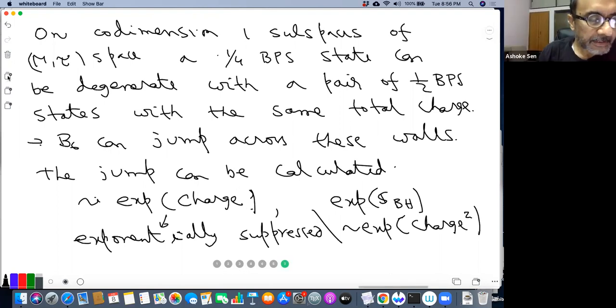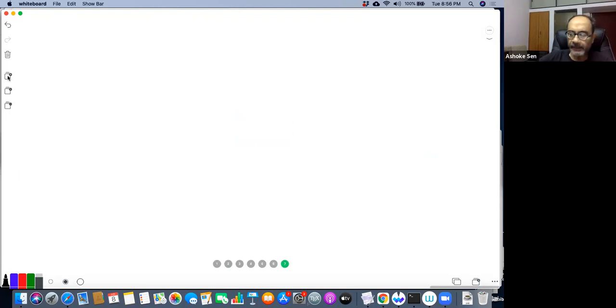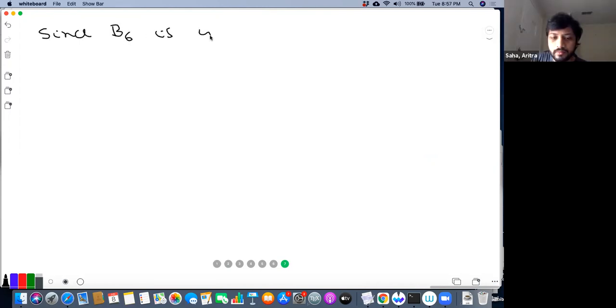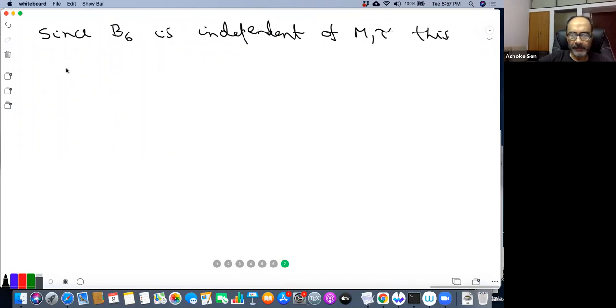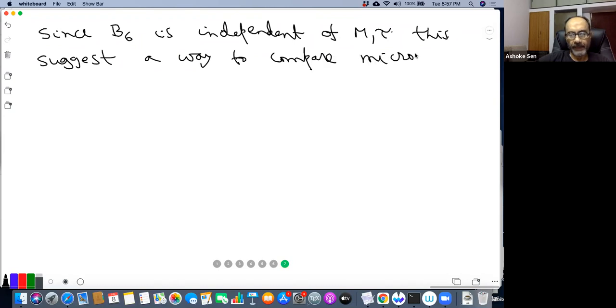Okay, so let me then proceed. Since you have argued that B6 is independent of moduli, this suggests that there is a way to compare the counting with black hole entropy, which I'll call microscopic and macroscopic results.